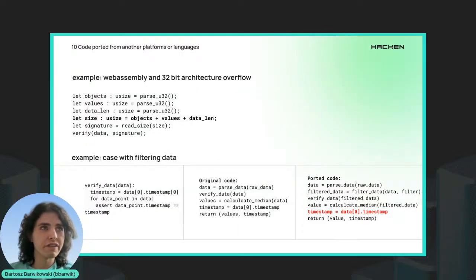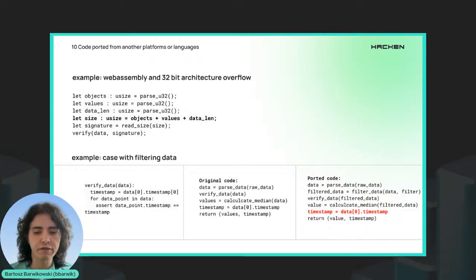Oh yeah, I have an example in case of WebAssembly. During one of the audits, they were having smart contracts in Rust, and one of the platforms was executing this smart contract in WebAssembly.